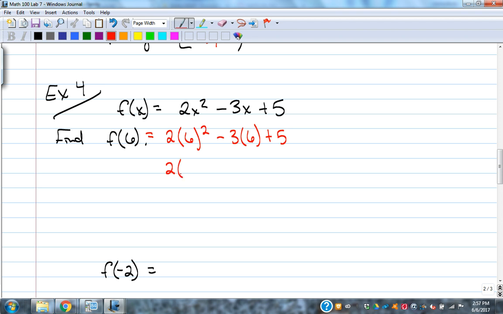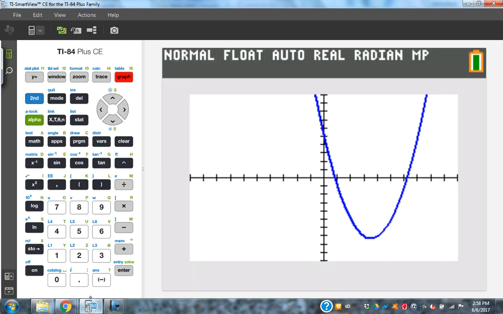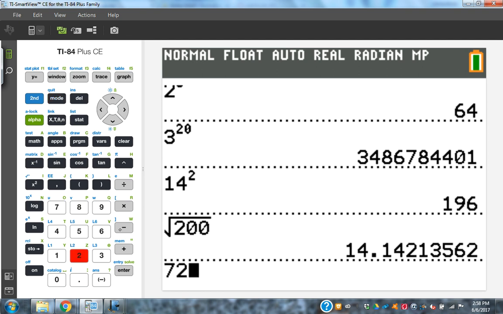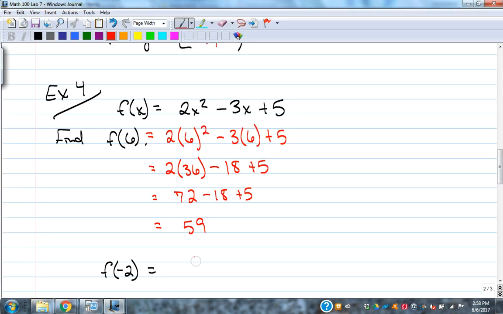So it's going to be 2 times 36 minus 18 plus 5. 72 minus 18 plus 5. 77 minus 18. 77 minus 18 is 59, I believe. Check that with the calculator. 72 minus 18 plus 5. 59 is correct.